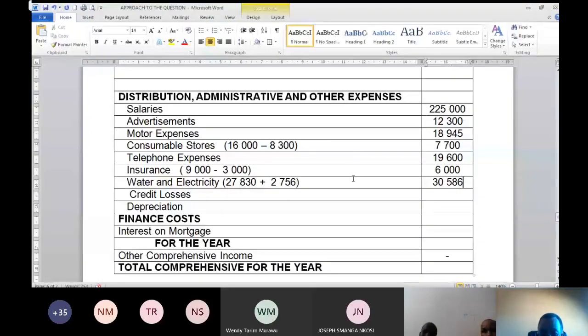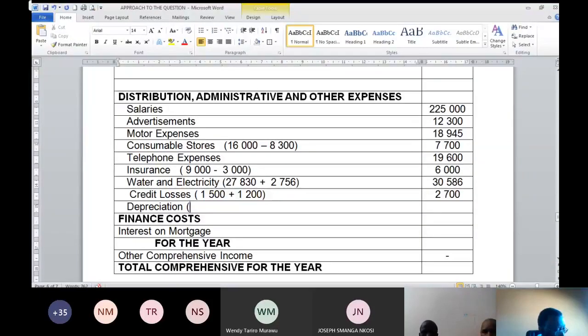Besides the amounts in the trial balance, remember we've got additional information also, additional accounts that we had to add on, more expenses and credit losses. Remember, there was 1,500 that was written off, plus another 1,200 from the increase of your allowance, resulting in credit losses expense now of 2,700.